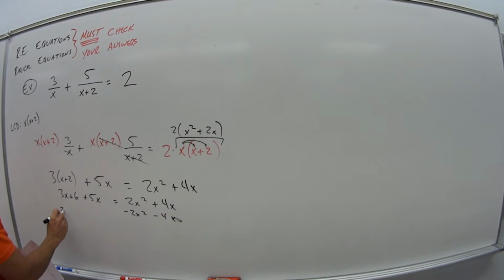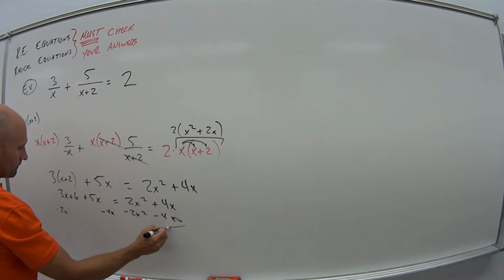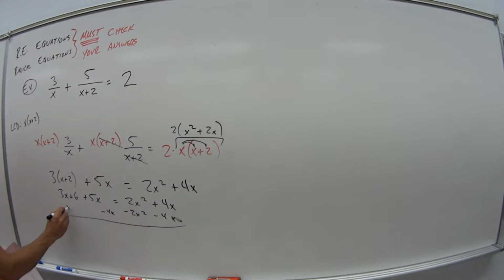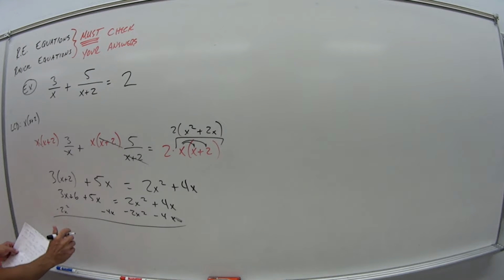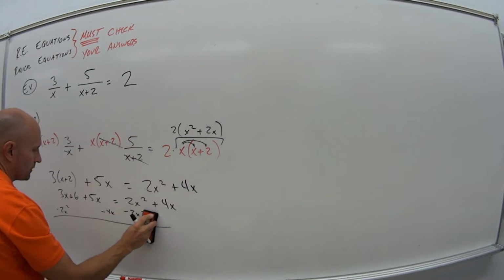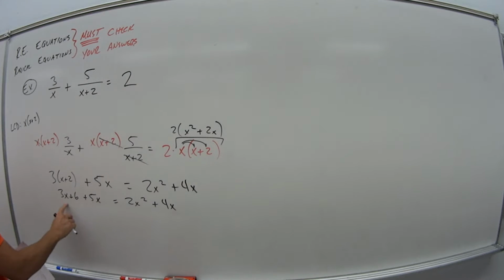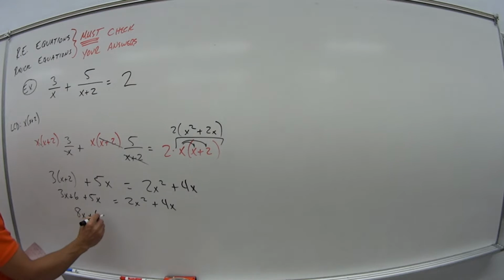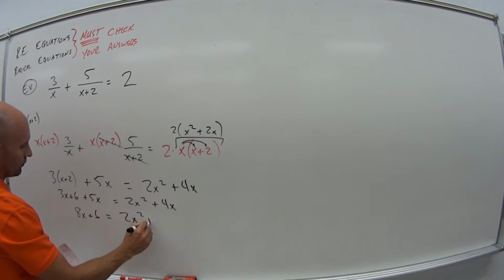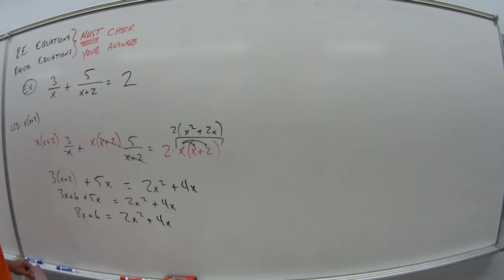What do I get? I get minus 2x squared here. So let me do this. I don't want to have to deal with the minus sign. So let's simplify this one here. 3x plus 5x is 8x plus 6 on the left, and then 2x squared plus 4x.